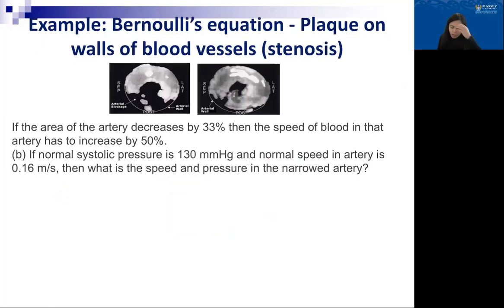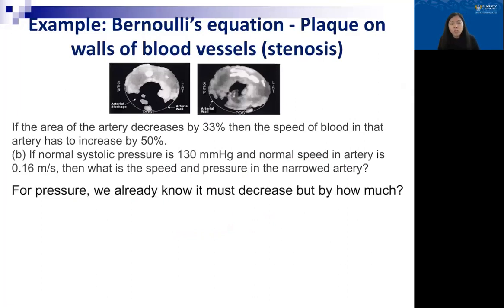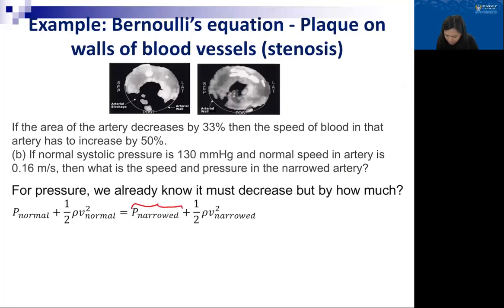Good. And then for the pressure, we already know that the pressure must decrease, but by how much will it decrease? That's when we need to solve Bernoulli's equation analytically. So we need to solve this equation, and we want to find P narrowed. This is the new pressure that we want to find.